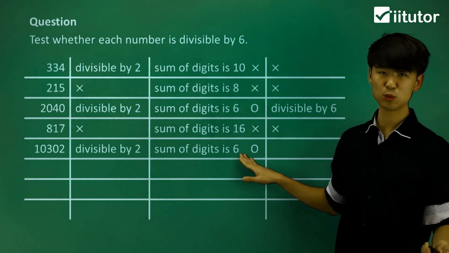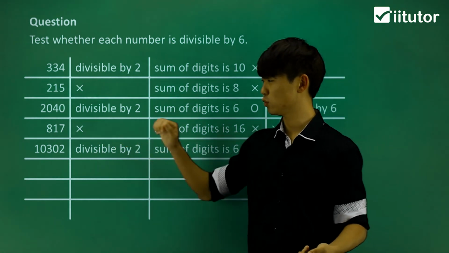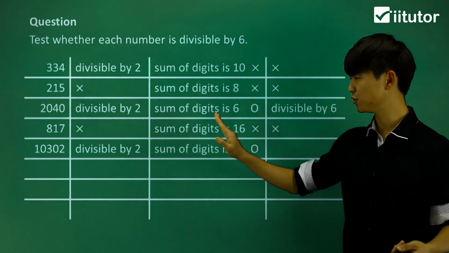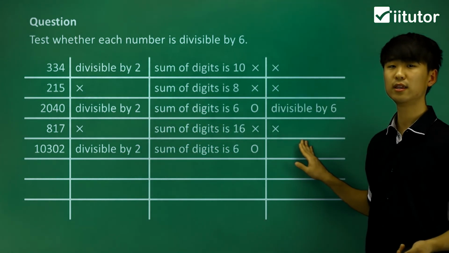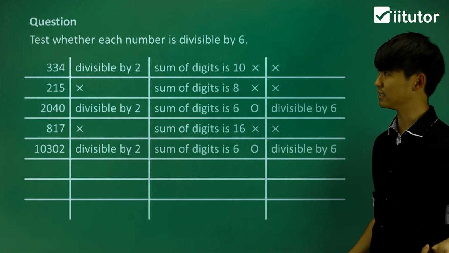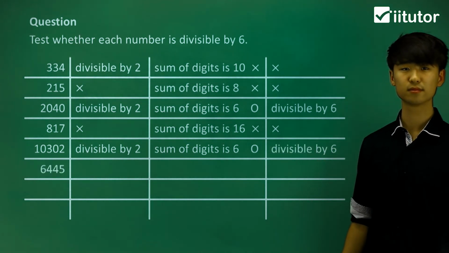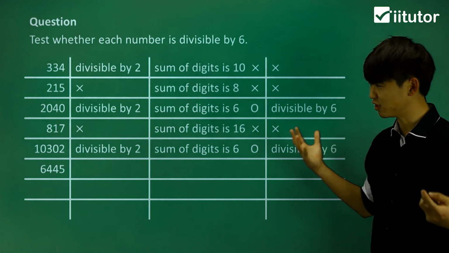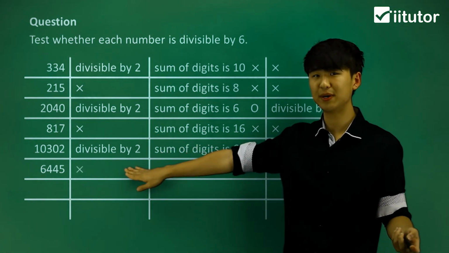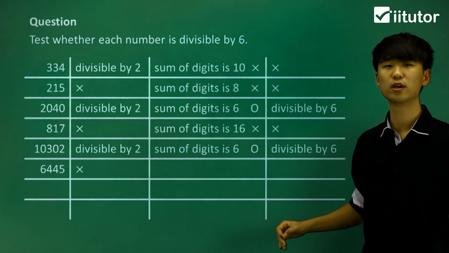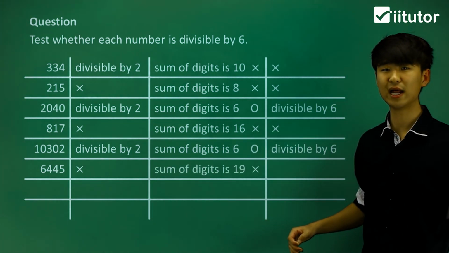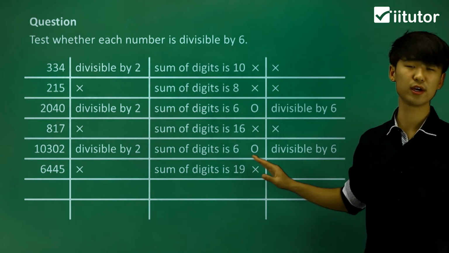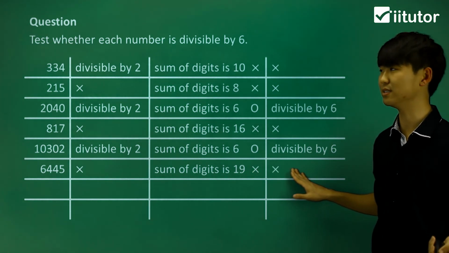And 6 is divisible by 3, so 10,302 is divisible by 2, divisible by 3, then it's also divisible by 6. 6,445, again this is just an odd number, so it's not even divisible by 2. Now the sum of digits, if we add them all up, equals 19, which is not even divisible by 3. Then this number is totally not divisible by 6.